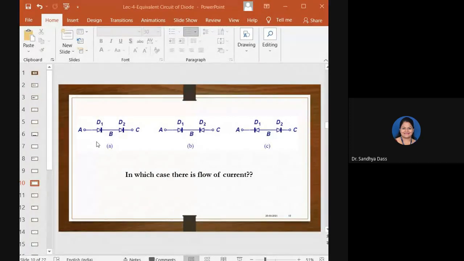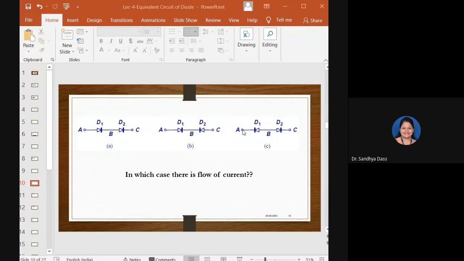So all agree that in the conditions given here, only in condition A, figure A, there will be current flowing from A to C. In the second, because diode 2 is connected in reverse, there is no completion of the circuit, so there is no current flowing through this.